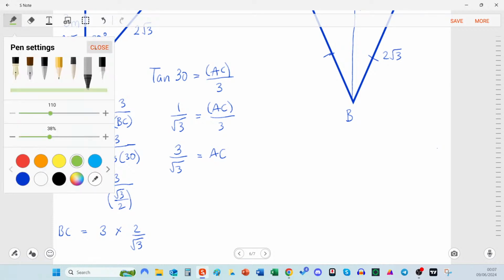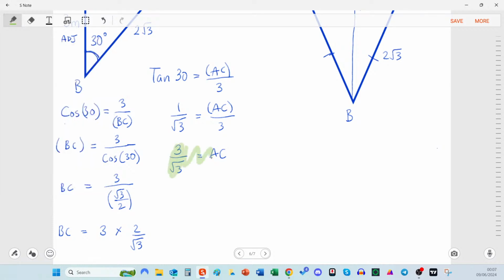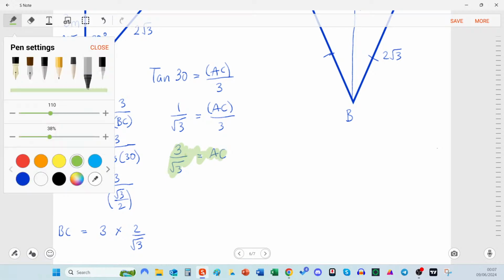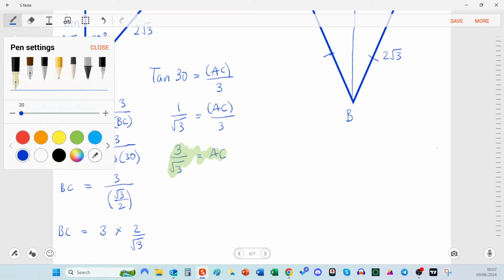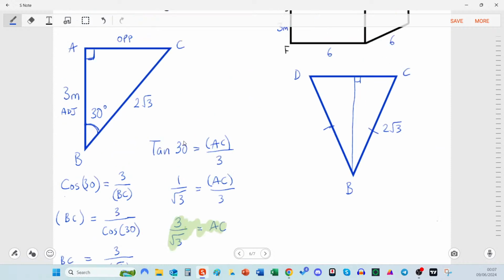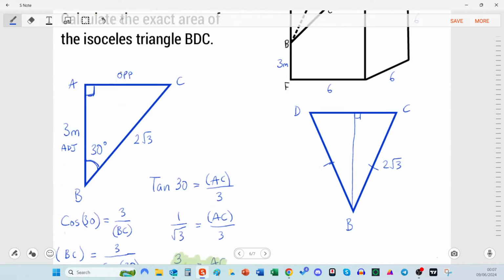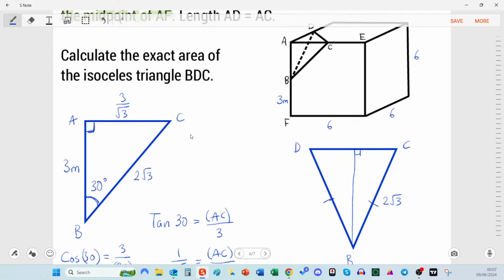Let's highlight that and then put it on the diagram. We're getting there, we're getting there. So 3 over root 3. We'll get rid of adjacent now because otherwise it's going to clog up our thinking. Okay, so we've got a lot of information about this triangle that's down here.